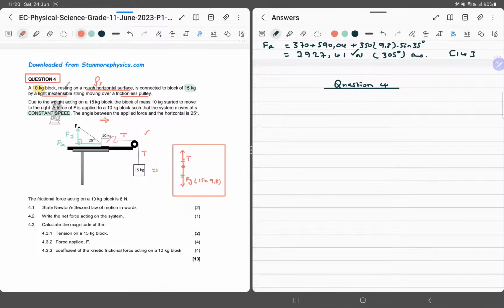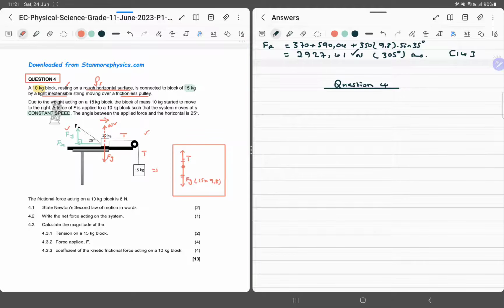And then if we focus on this 10 kg block, it's going to have its weight, Fg, straight down, and then it's going to have its normal force up. But now you see the forces acting on this block, the vertical ones above the surface, are going to be the normal force and the vertical component of that force F, because when that force is at an angle, it is acting through its components.